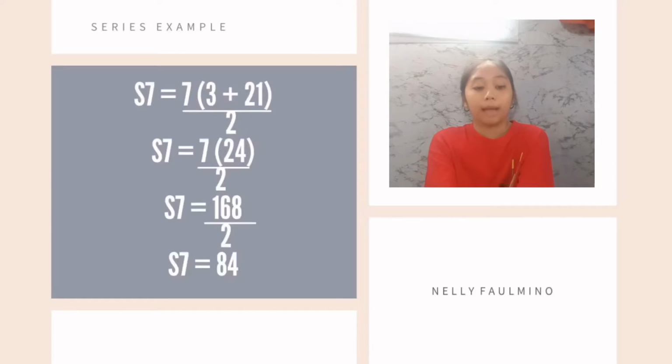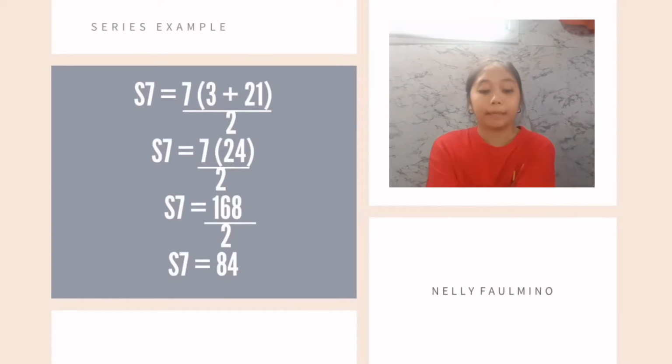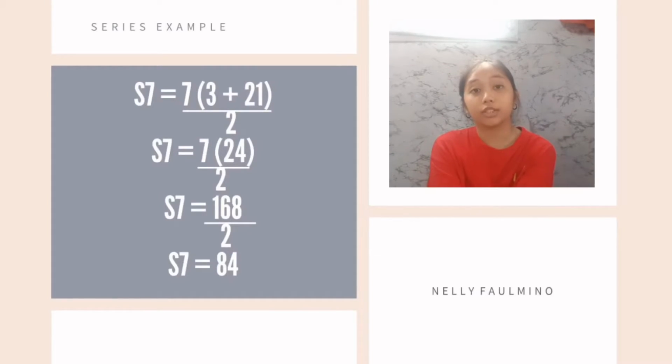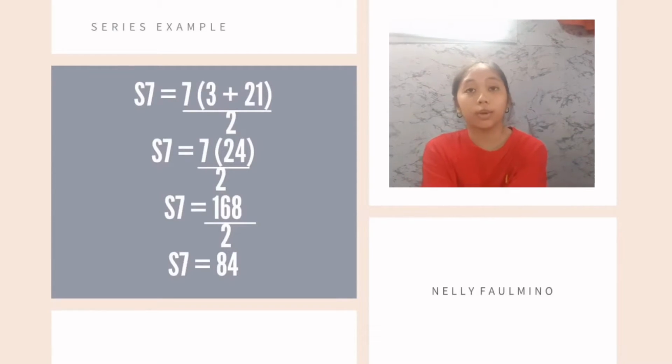We are just going to substitute our given to the formula. So s sub 7 equals 7 times the quantity 3 plus 21, divided by 2. Let us first solve the one inside the parentheses, which is 3 plus 21. The answer will be 24. S sub 7 equals 7 times 24 divided by 2.